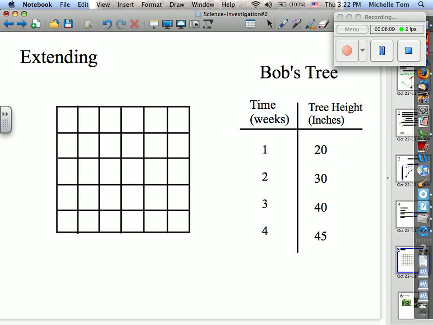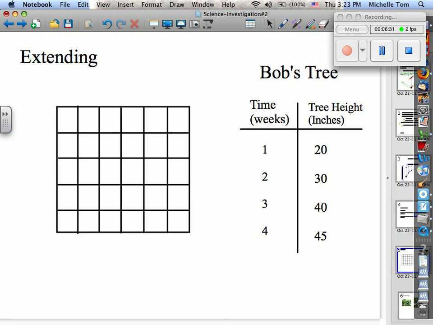So we're going to extend this to another situation that's on your study guide, and it's Bob's tree. The numbers are a little bit different, okay, but it's the same idea. Bob planted a tree in his garden, and he decided that he would go outside and check it once a week for 4 weeks and measure how tall it was.